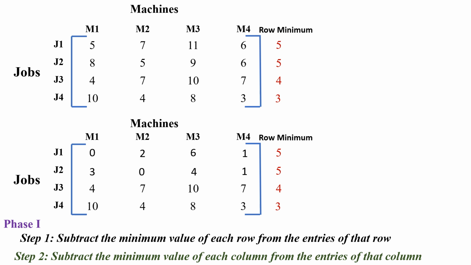Next subtract the minimum value 4 from the third row. Then the third row becomes 4 minus 4, 0; 7 minus 4, 3; 10 minus 4, 6; 7 minus 4, 3. Similarly, subtract the minimum value 3 from the fourth row. Then row 4 becomes 10 minus 3, 7; 4 minus 3, 1; 8 minus 3, 5; 3 minus 3, 0.